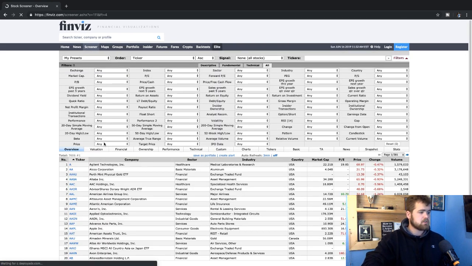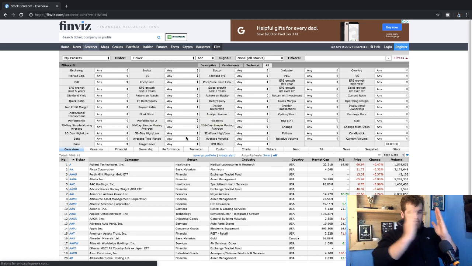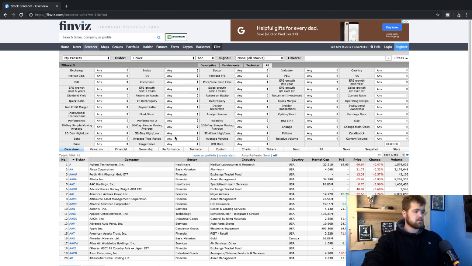So you can change the price, the float short, the average true range, the average volume, IPO date, patterns, the change, relative volume. All of this information you can put in, and you can filter out stocks that don't meet your criteria, so you can get a narrow gauge of where some of the opportunities are in the stock market.